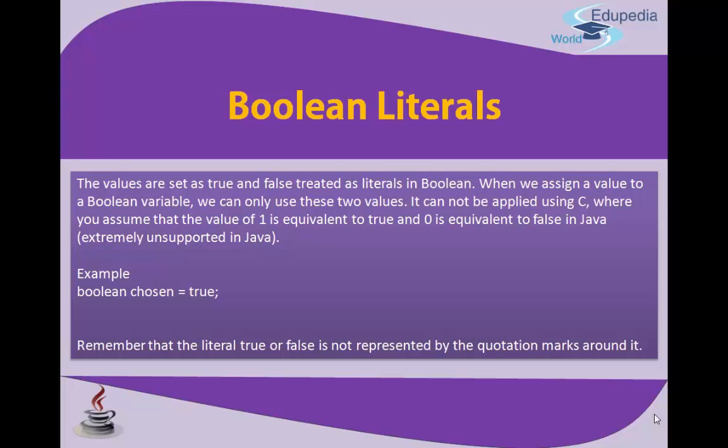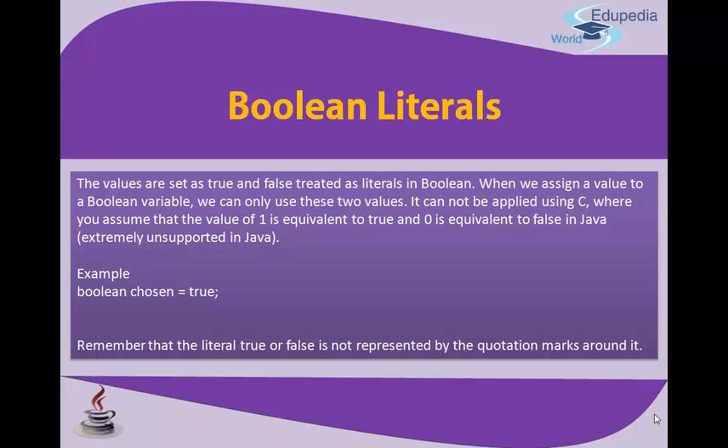When we assign a value to a Boolean variable, we can only use these two values. It cannot be done as in C, where the value 1 is equivalent to true and 0 is equivalent to false. That is unsupported in Java. So whenever you are assigning Boolean literals in Java, make sure you are assigning true or false only.